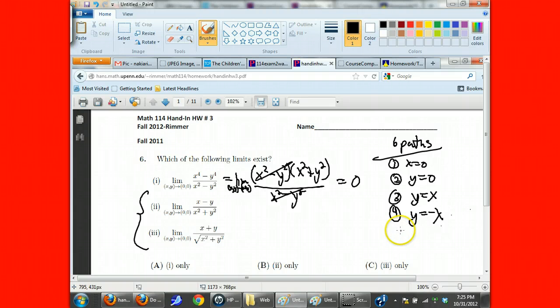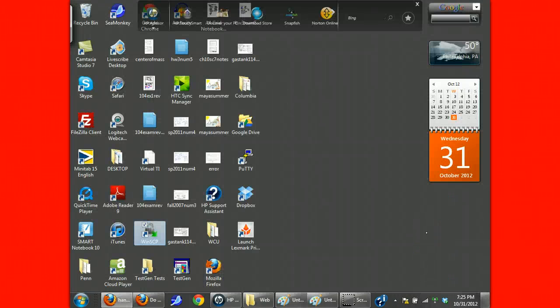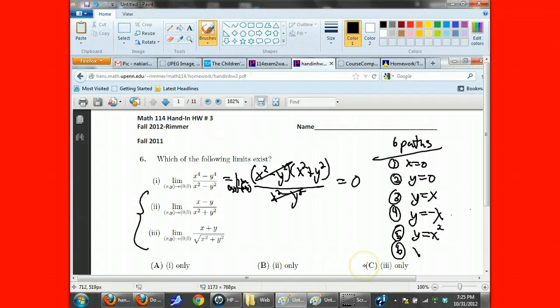Y equals x squared, and occasionally you'll see that all of these work to give you the same limit, but this other guy here, the last one, x equals y squared.